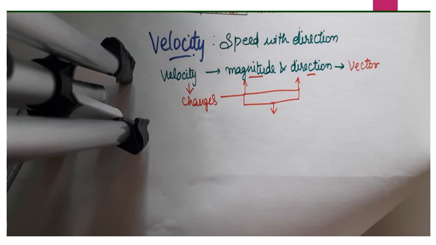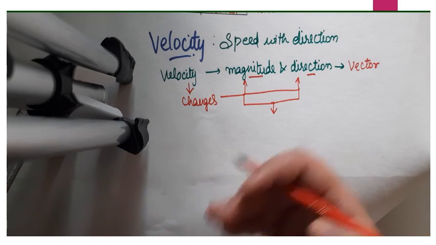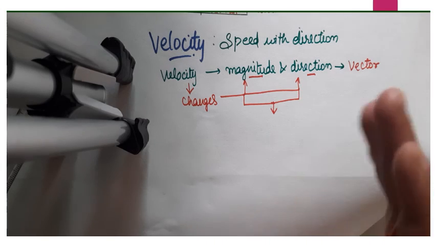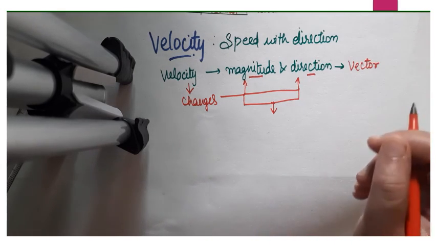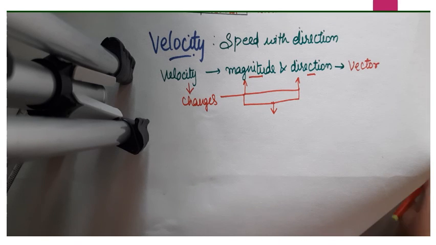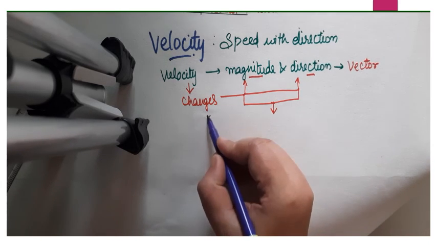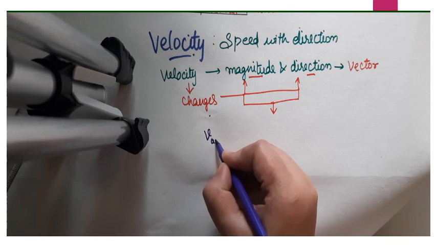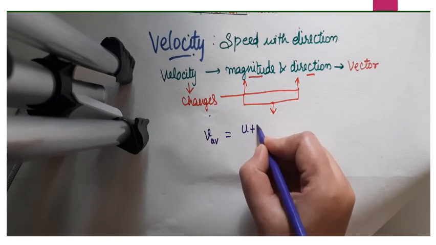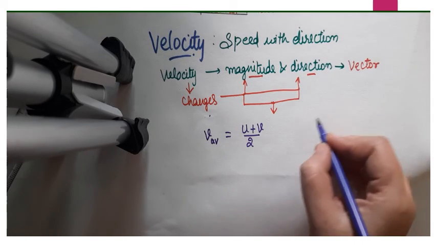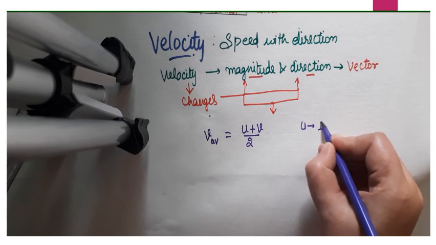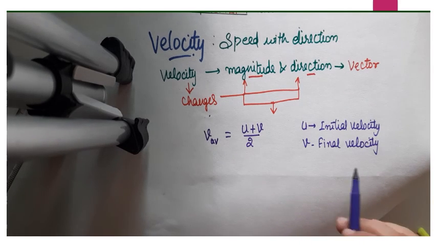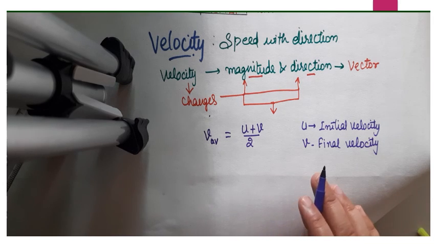Now suppose an object is moving with a certain velocity and it is moving in such a way that its velocity is changing uniformly. In this situation, we define the average velocity of the moving object, and this average velocity is given by u plus v by 2, where u is the initial velocity and v is the final velocity of the moving object.